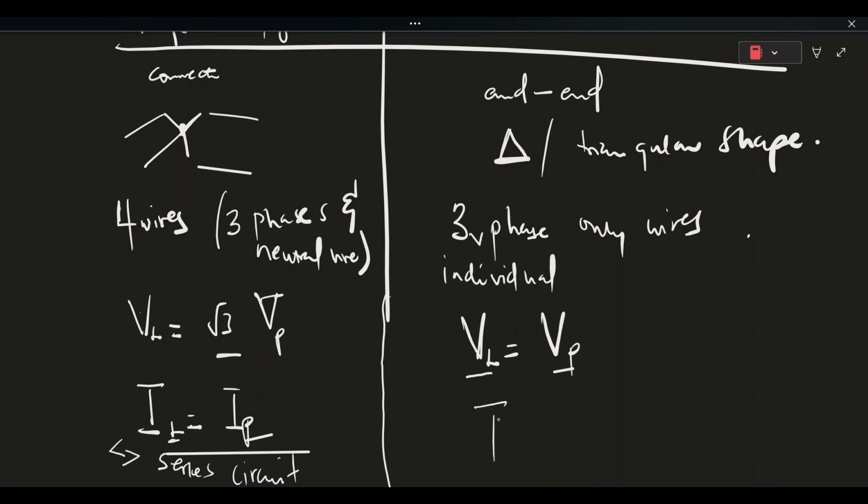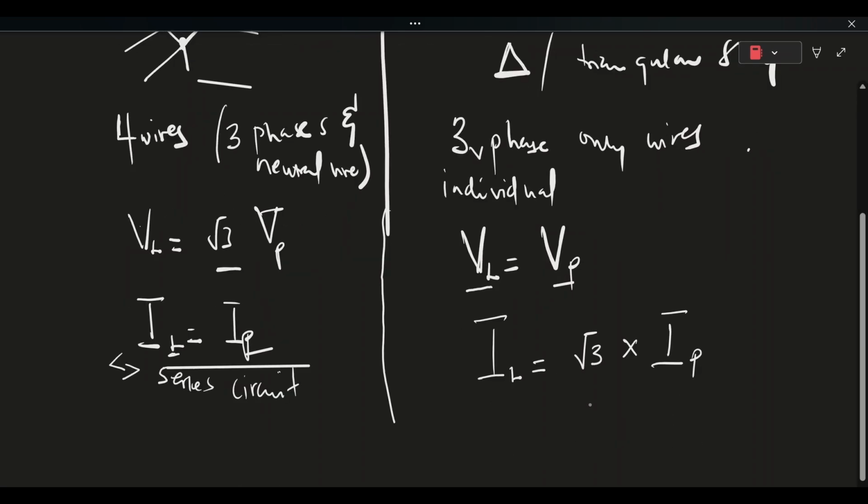And now in our delta configuration, IL is equal to root 3 multiplied by IP. So now this root 3 here comes from the 120 degrees angular displacement of the phases.